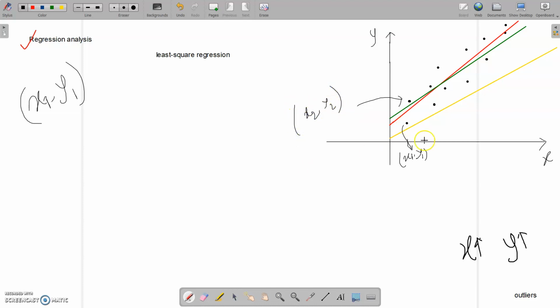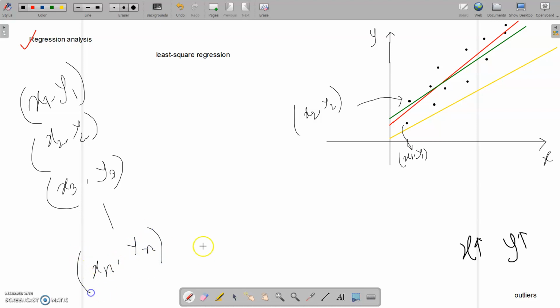Then you have the third point, that is x3 y3. So for each value of x you have a value of y. If you continue this way to the last value, let's name it xn, you will have a value yn. So these are all the pairs of data that you have now.